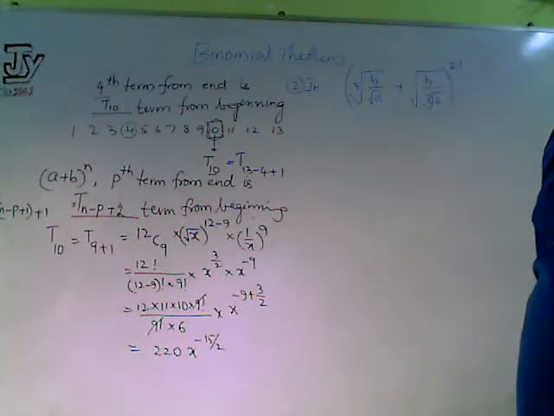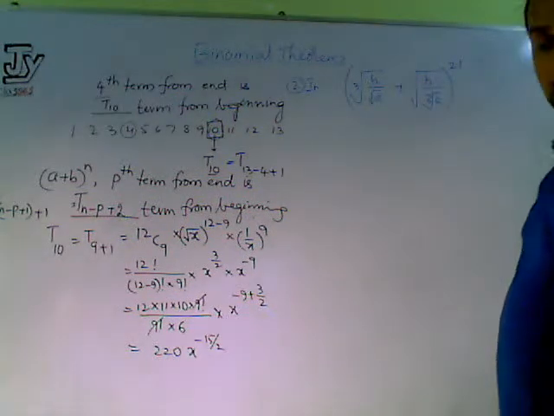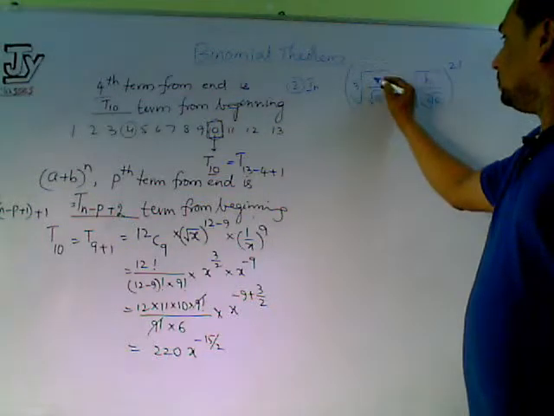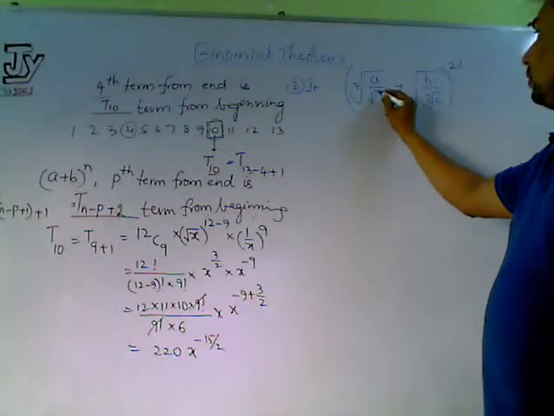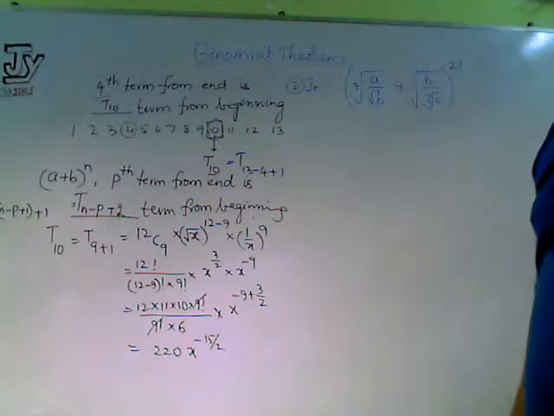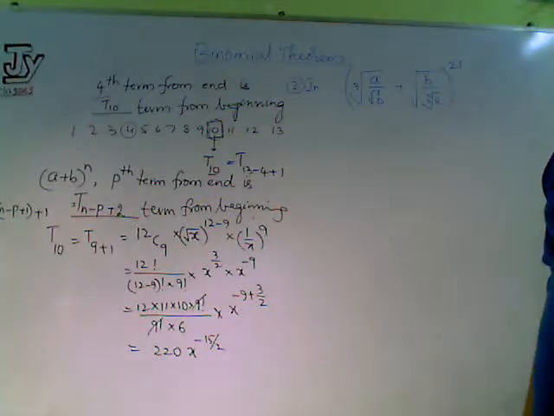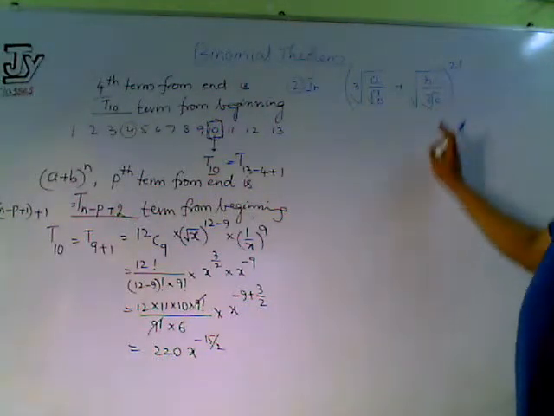Sorry, it is a by root b: cube root a by root b plus square root b by cube root a.